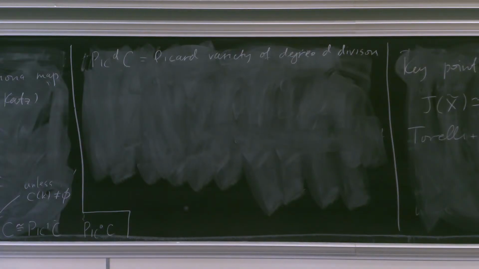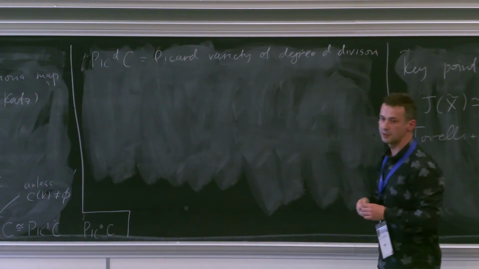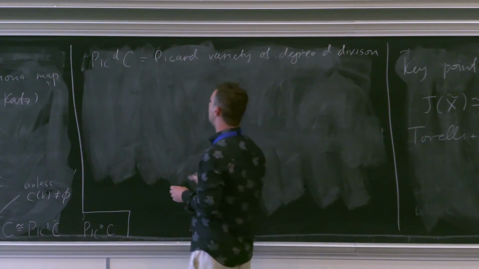For example, Pic^1 is the Picard variety of degree 1 divisors, and this corresponds to points. And Pic^2 is some other curve. Also genus 1, it's a twisted form. If you extend scalars to k bar, it's the same curve, but over k, it's a different twist of the same curve.